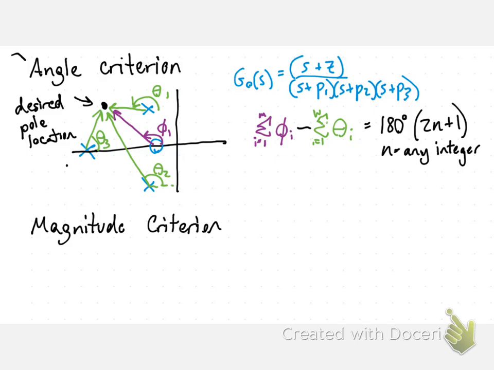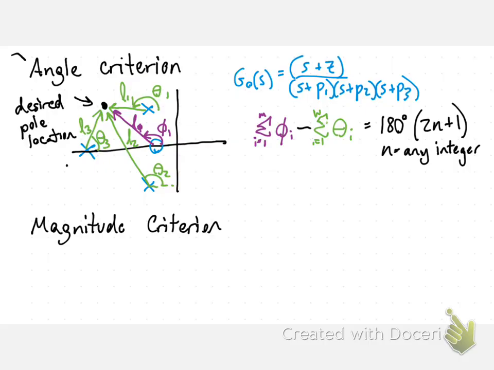And our magnitude criterion works by taking the length of these vectors. So we'll call this length 1, length 2, and length 3, and we'll have this be length 1 but in purple. So we could call it length phi, just to make it easier to visualize.